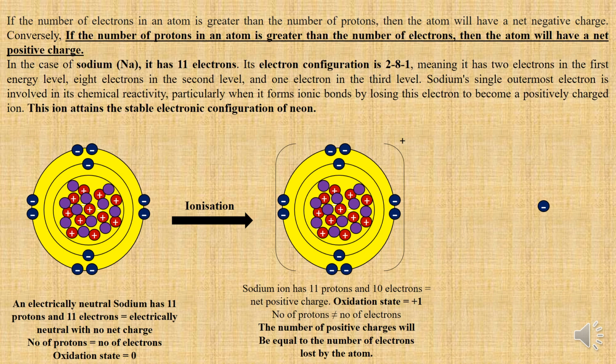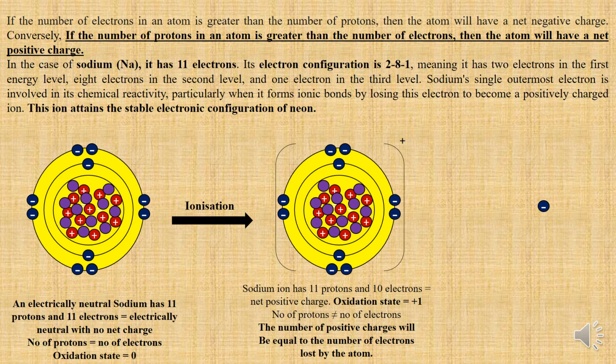Now the sodium ion has 11 protons and 10 electrons with a net positive charge. Why is that? Because the number of protons is not equal to the number of electrons. Oxidation state is +1. The number of positive charges will be equal to the number of electrons lost by the atom.